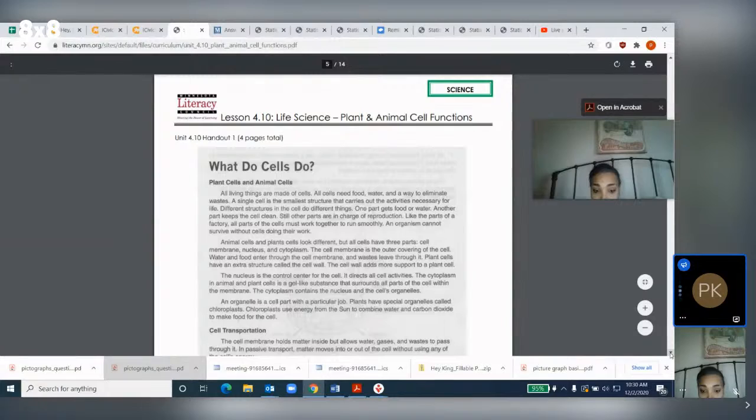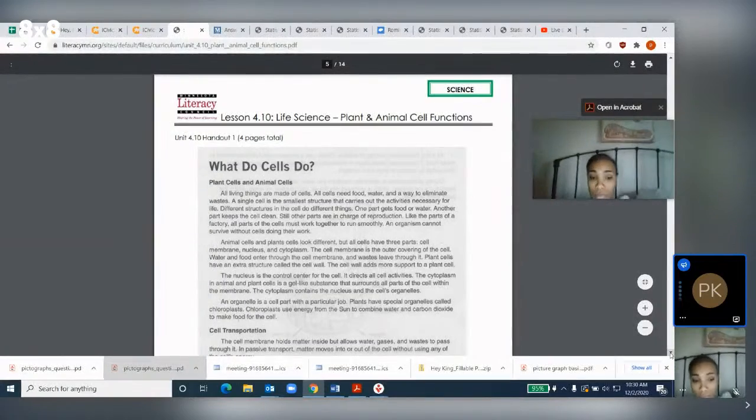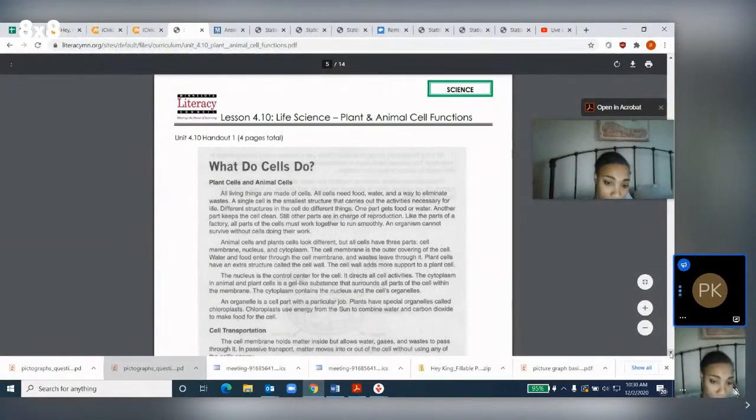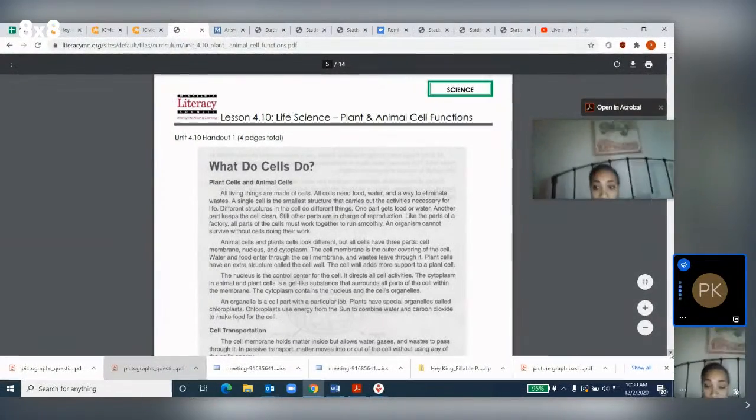It directs all cell activity. And the cytoplasm in animal and plant cells is a gel-like substance that surrounds all parts of the cell within the membrane. The cytoplasm contains the nucleus and the cell's organelles. An organelle is a cell part with a particular job. Plants have special organelles called chloroplasts. Chloroplasts use energy from the sun to combine with water and carbon dioxide to make food for the cell.